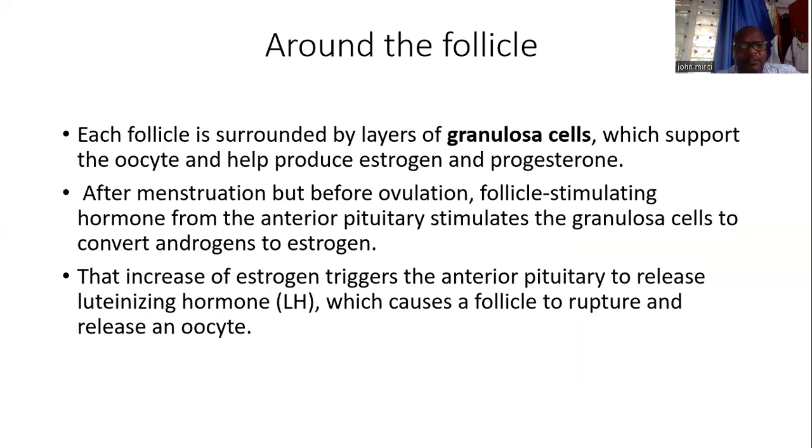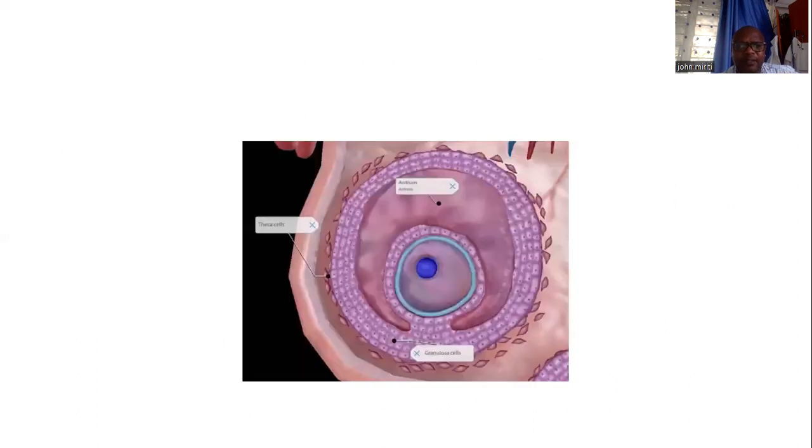That increase of estrogen triggers the anterior pituitary to release luteinizing hormone, which causes follicle rupture and releases the oocyte. In this image, you can see the cells which are surrounding, and then the antrum, which contains fluids, electrolytes, enzymes, and also hormones. You can see the granulosa cells.